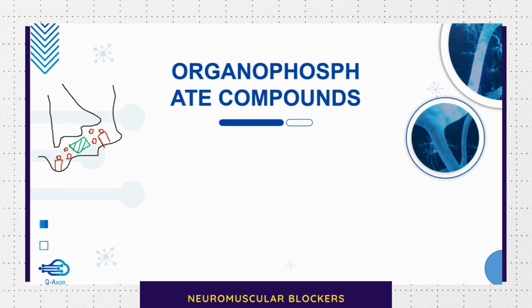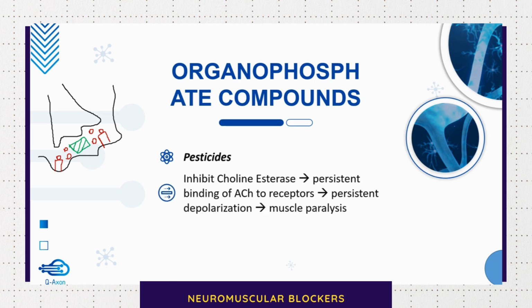Now let's try and understand the last category of postsynaptic neuromuscular blockers, that is cholinesterase inhibitors. One of the examples of these compounds is the organophosphate compounds, which are commonly components of most pesticides. Now, how do these organophosphate compounds act?